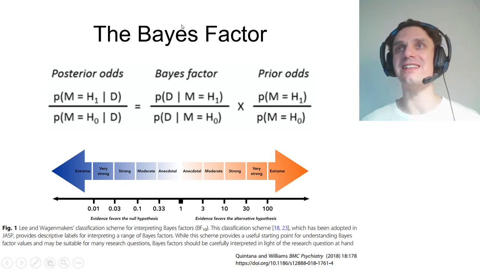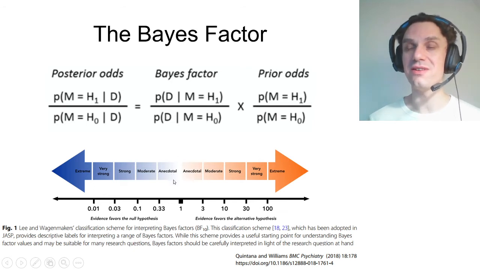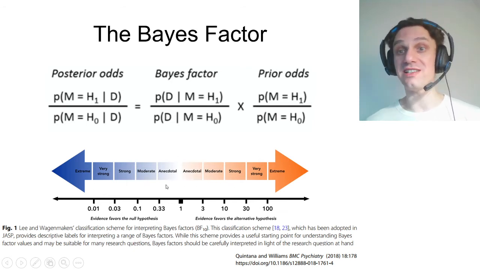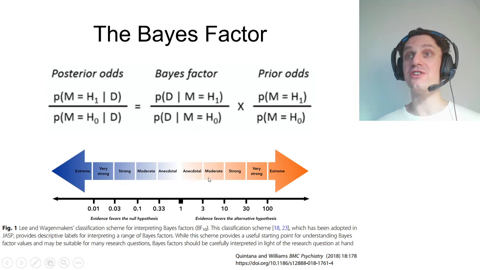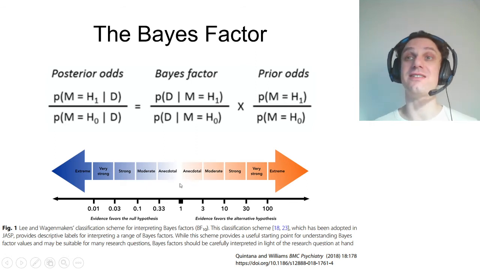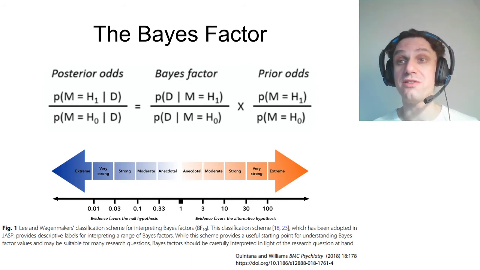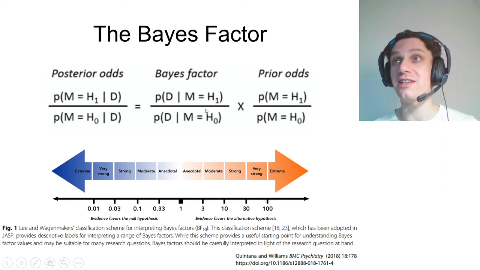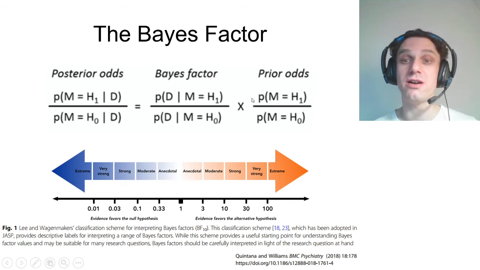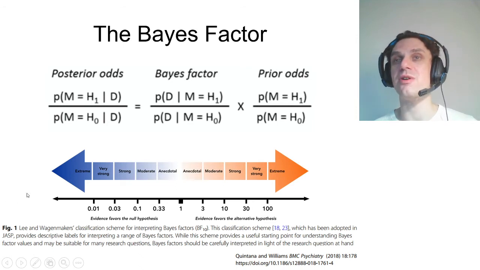But if we divide the evidence in favor of H1 by the evidence in favor of H0, we can get values of Bayes factor that reflects the ratio of these probabilities. And the stronger is this ratio, the stronger is the support for H1 that we get from this data. And then you can use this Bayes factor to update the prior odds of H1 versus H0 and to generate posterior odds, but we'll come to this in a moment.